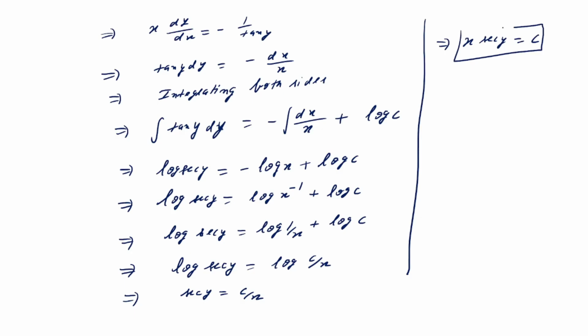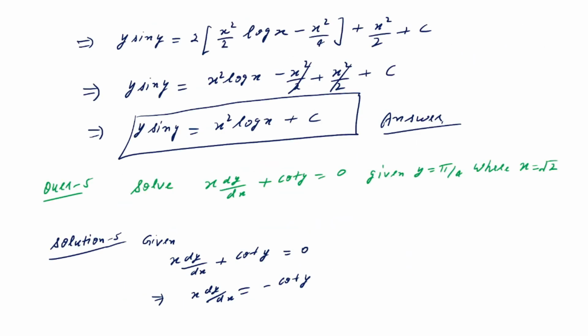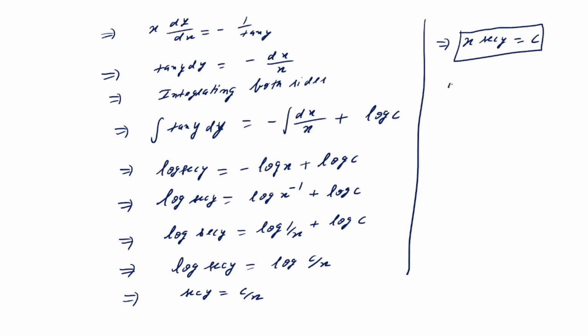This is your answer, but in this question the conditions are provided. What are the conditions? See, y is equal to pi by 4, and x is equal to root 2.